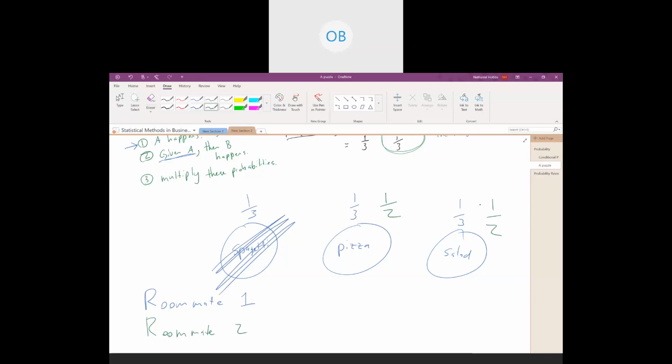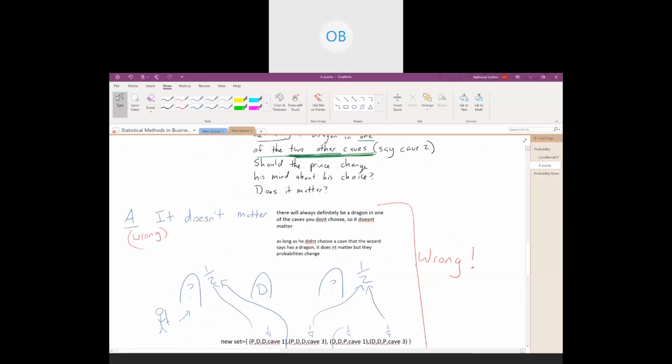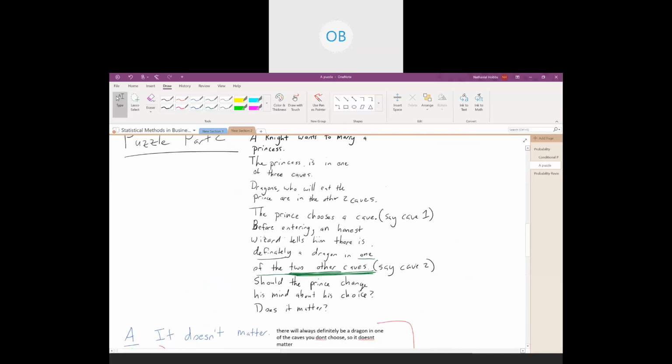With the wizard there are only 2 caves, not 3. Yeah, and in the word problem, it says the wizard chooses one of the other 2 caves. So I can see how that could have been missed.